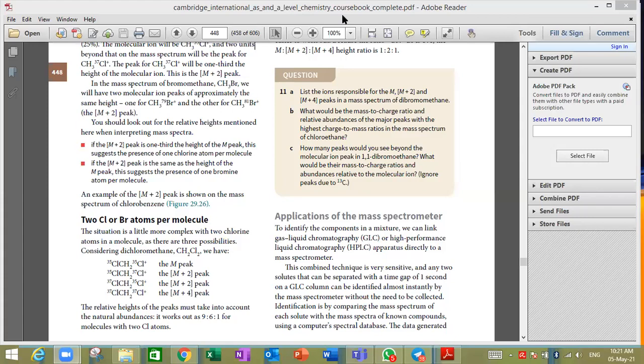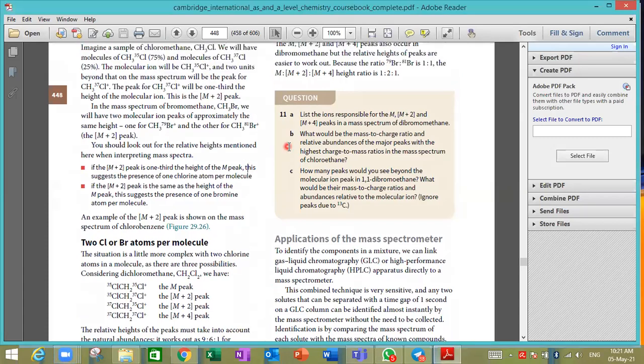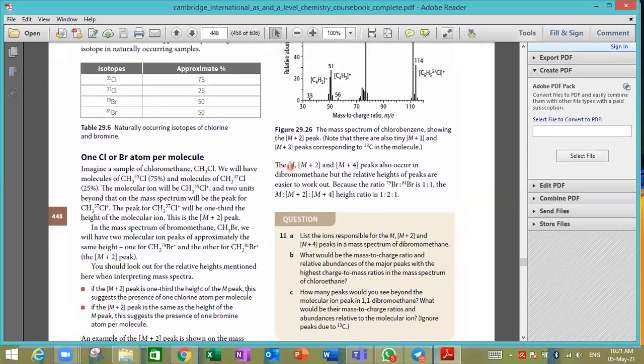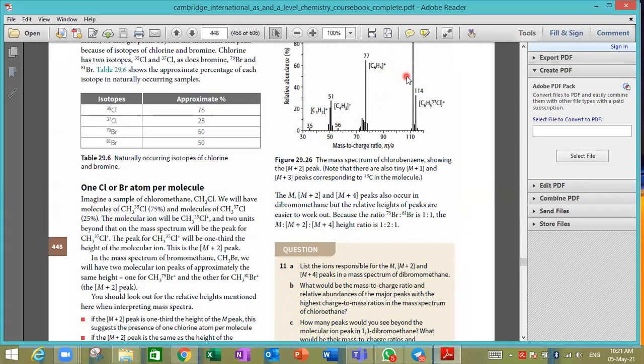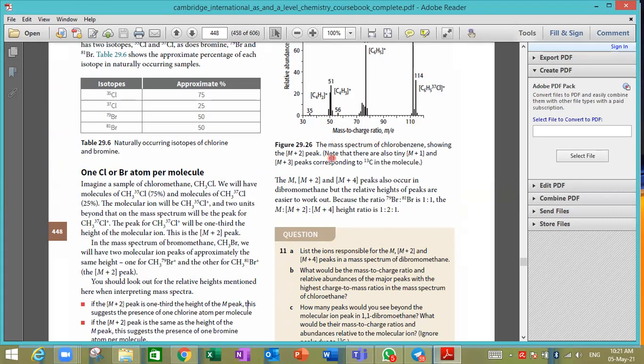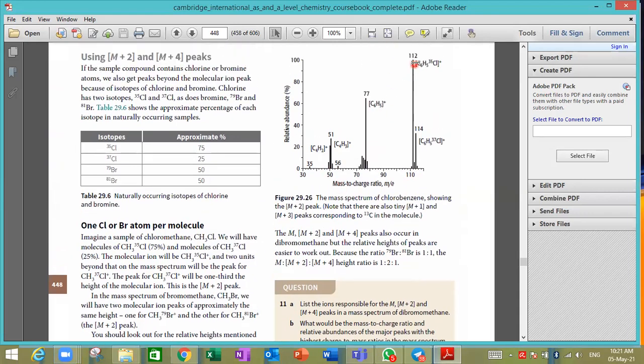So here, if in our spectrum we get 3 peaks, M, M plus 2, and M plus 4, this means that either we have 2 chlorine atoms in our molecule or 2 bromine atoms in our molecule. And depending on the ratio between the peaks, this is 112, this is 114, and for example, this is 116.